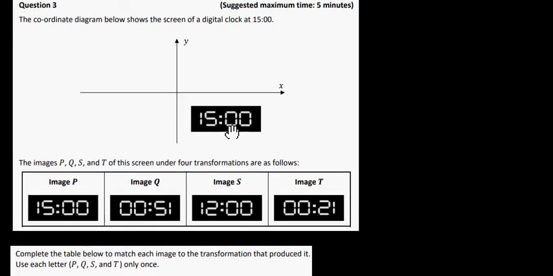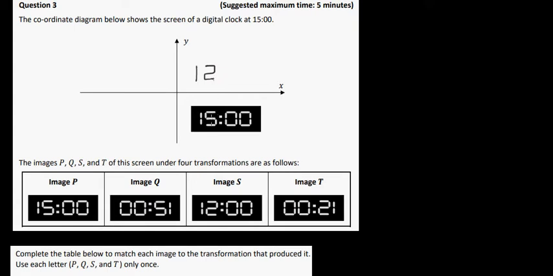So if we take axial symmetry in the x-axis, that means we're going from here up to here. So what would that look like? Well, the 1 here would just remain as 1. That would reflect here as 1. Over here you would end up with something that looks like this. I would imagine something like that.